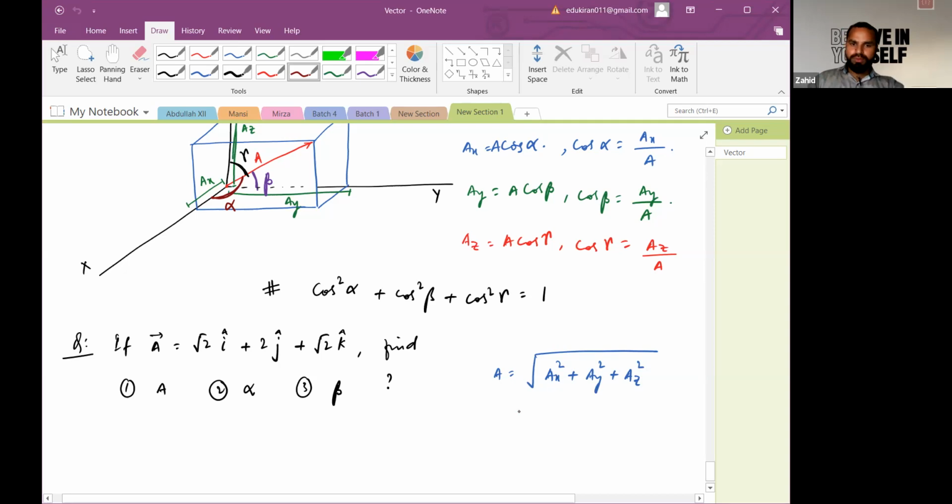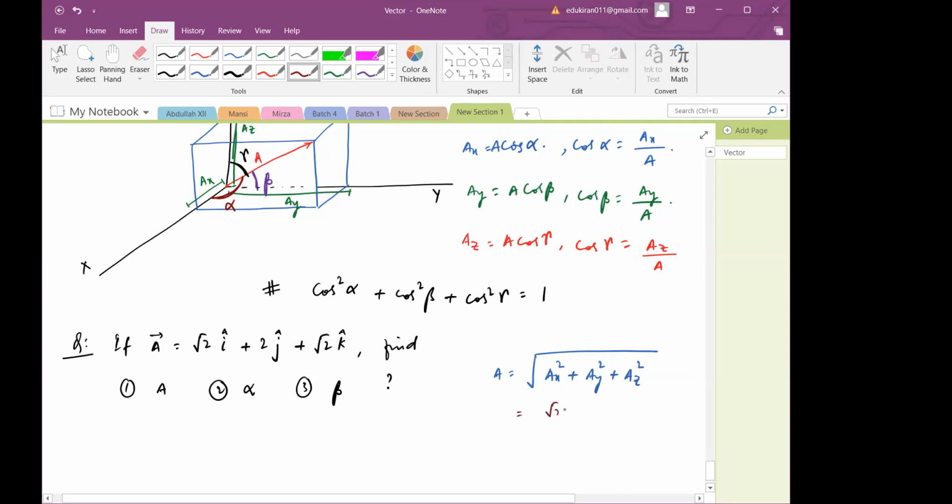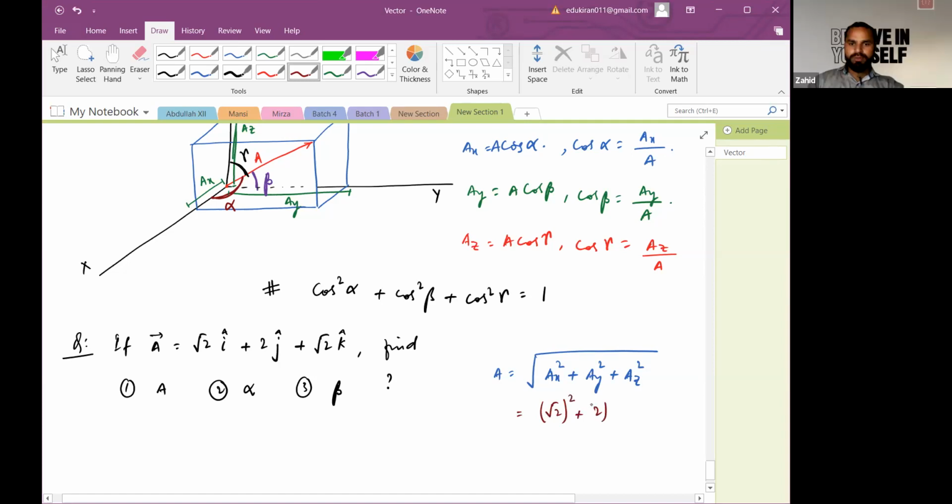AX is root 2, AY is 2, and AZ is root 2, root under. So you will get 2 plus 4 plus 2 root under. So it will be 8 root under, or 2 root 2.